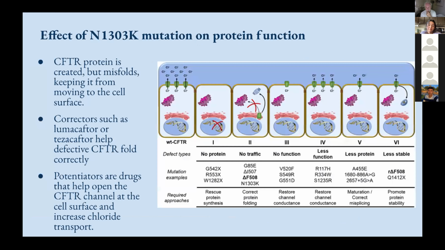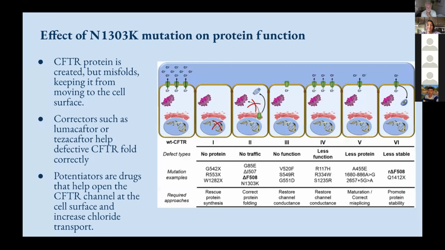So the CFTR protein is created, but it misfolds, keeping the cells from moving to the surface. As you can see on class 2, there's no trafficking, and there's an image showing how the plasma doesn't get to, I believe that's mitochondria.